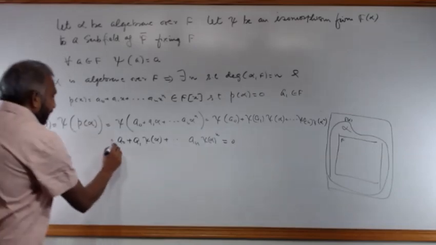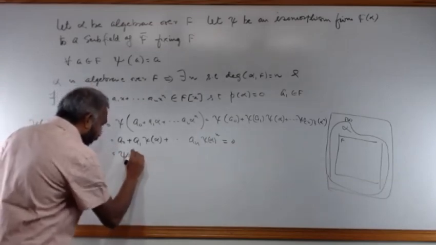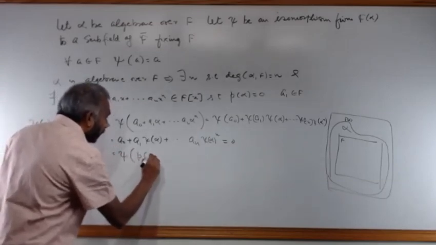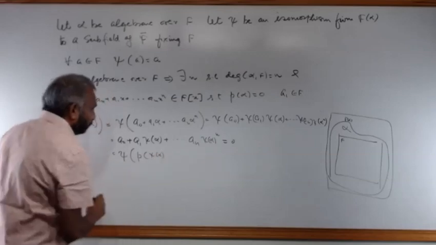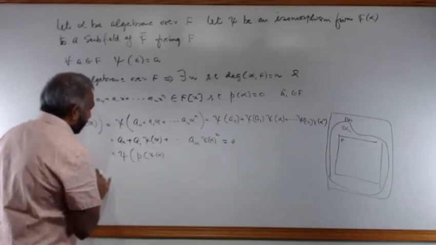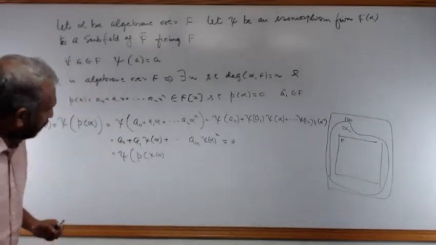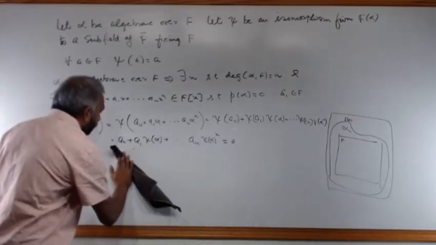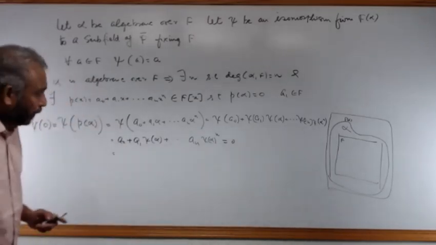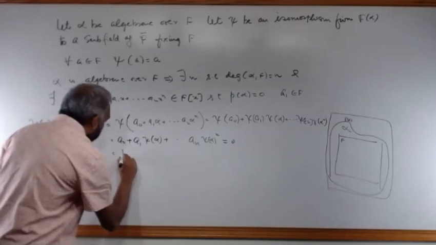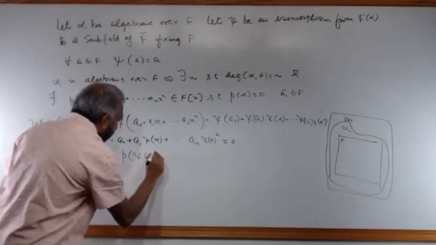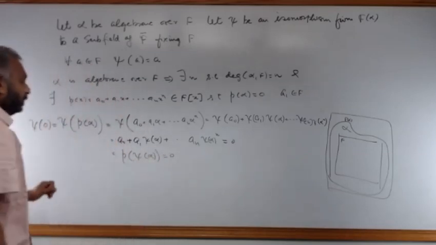So what is this? Sorry, not psi of. This is just P of psi of alpha is equal to 0.